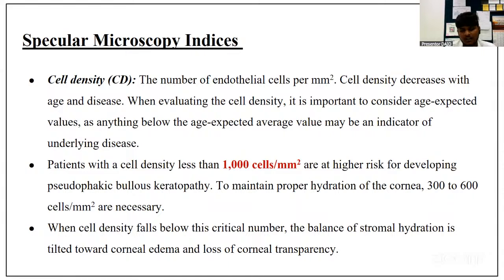Patients with a cell density less than 1000 cells per millimeter square are at higher risk for developing pseudophakic bullous keratopathy. To maintain proper hydration of the cornea, 300 to 600 cells per millimeter square are necessary. When cell density falls below this critical number, the balance of stromal hydration is tilted towards corneal edema and loss of corneal transparency.